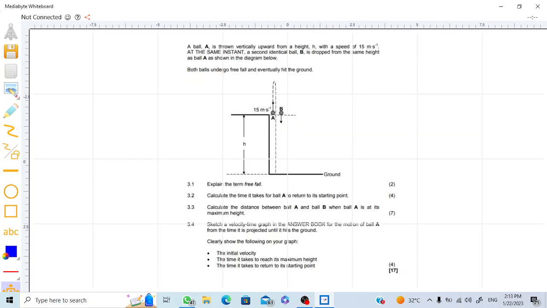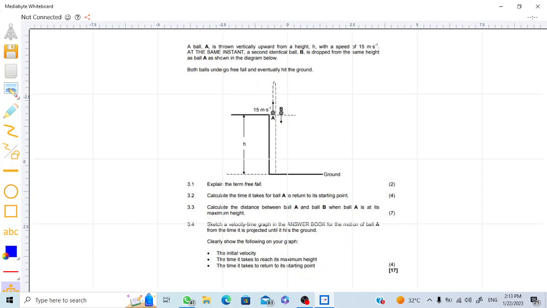Okay, now we have an interesting situation. A ball A is thrown vertically upwards from a height h, unknown height, with a speed of 15 meters per second. Okay, initial speed of ball A given.